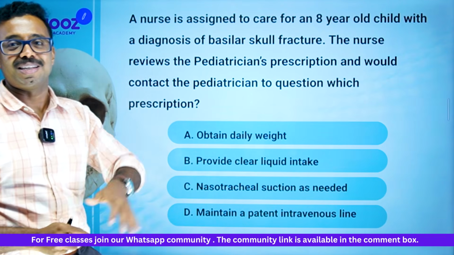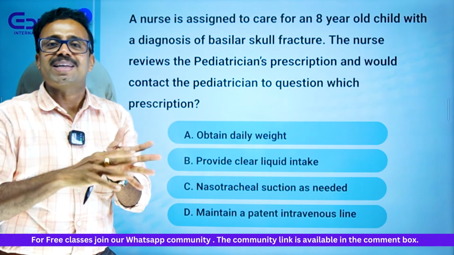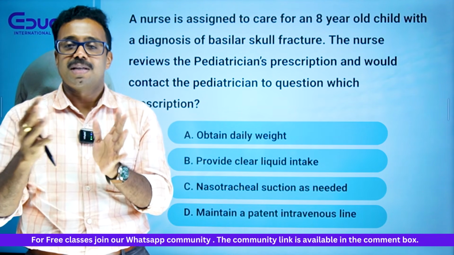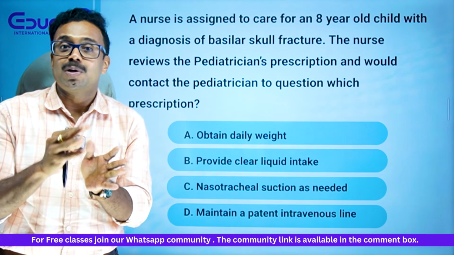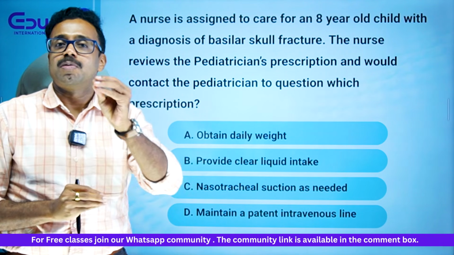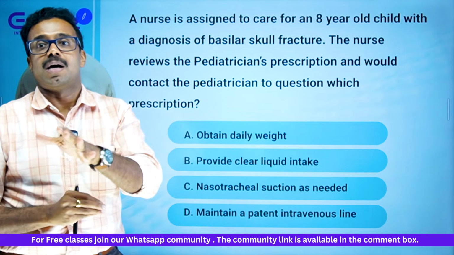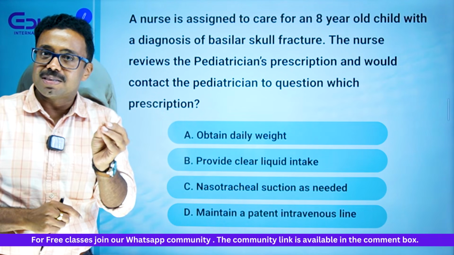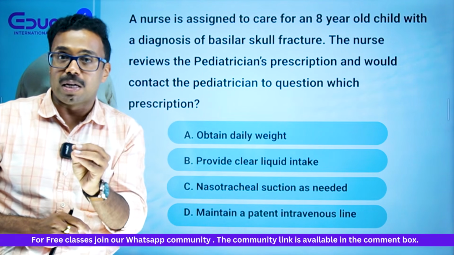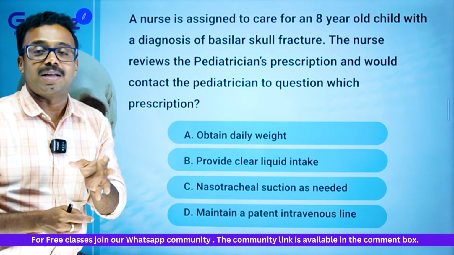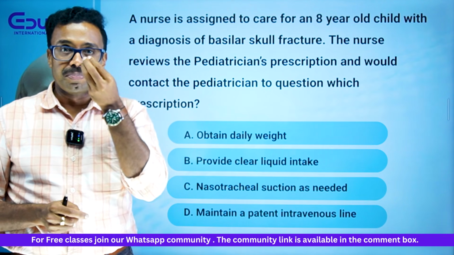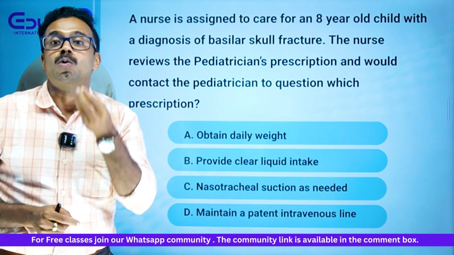Coming back to our question. We have seen what is basilar skull fracture and what would be the manifestations. Here in the question, regarding this pediatrician's prescription, which prescription would the nurse question? Suppose the patient has secretions coming through the nose.